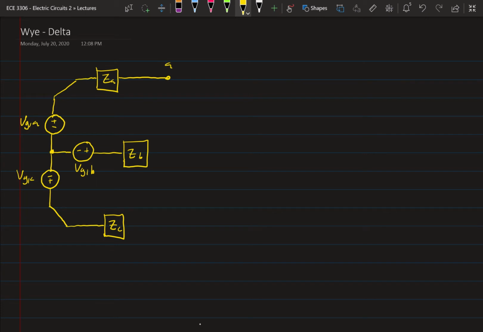And then we have a node little a, and then the transmission line. And a node little b, and a node little c.